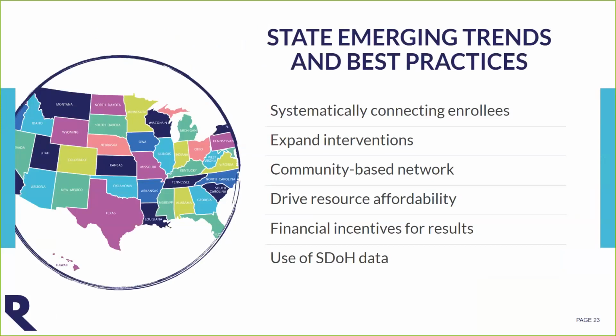States are using a number of regulatory levers to help build these networks. Many of you know about the 1115 waivers, and we're seeing a ton of innovation around that. Most commonly are the work requirements, but we're seeing it in the social determinant space as well. State incentives are a big area for driving innovation in this space.